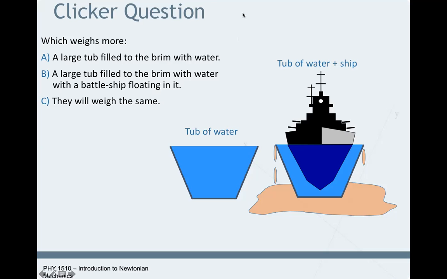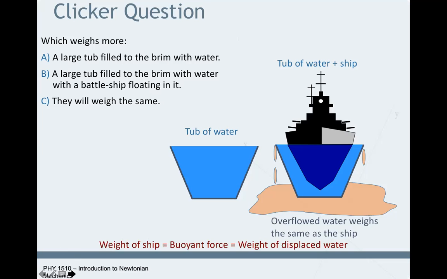And then you use Archimedes' principle that relates the buoyant force to the water being displaced. That's the water on the floor, the water that you spilled. Because of that, you can relate the weight of the battleship to equal the water displaced. So through that chain of reasoning, we have figured out that yes, they will weigh the same amount.